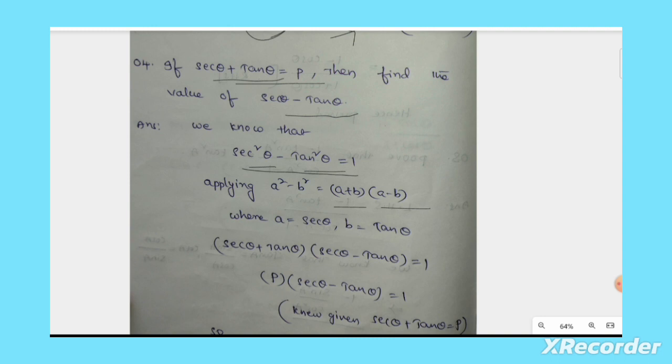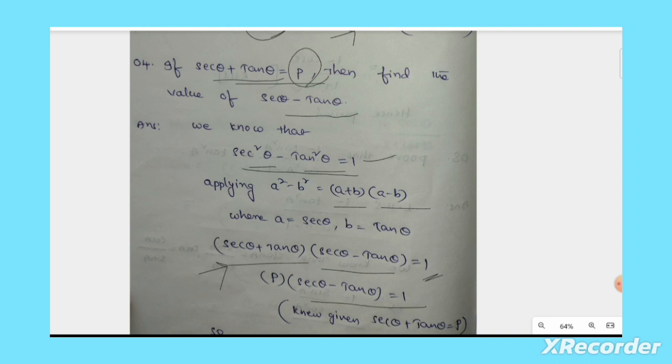So (secant theta plus tan theta) into (secant theta minus tan theta) equals 1, which is already our formula. The right hand side is the same value. And now in the question they have given secant theta plus tan theta as p, so I'll just substitute the same value over here.